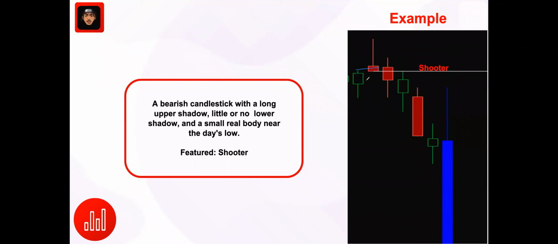As well as with this shooter right here, it wasn't a two up in force. Even though you can barely see it, it was not still above the previous candle's high. So it's also a failed two up. A lot of times your regular shooters and hammers are going to lead to those 2-2 reversals that I personally like. That's my favorite. People ask me what's my favorite all the time.